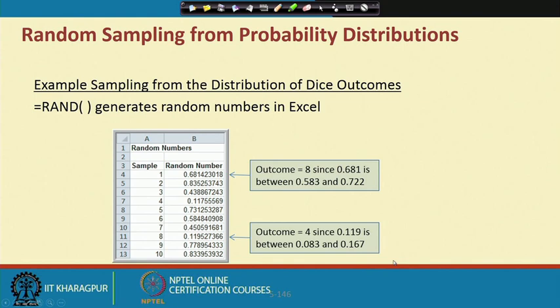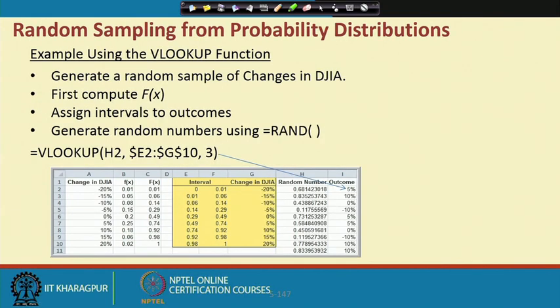I will take you to the Excel sheet and show you how the sampling will be generated as per your requirement. In the second unit, we discussed HLOOKUP and VLOOKUP to indicate a particular structure as per your requirement.